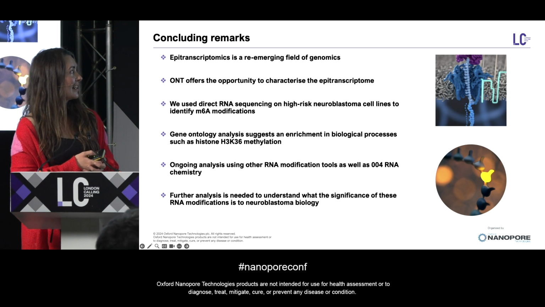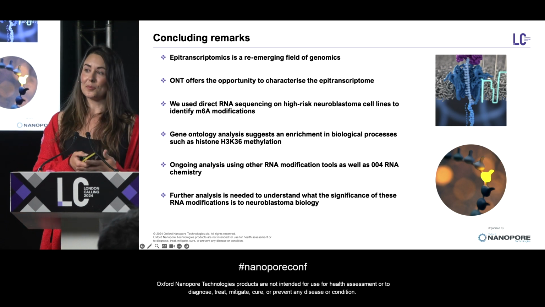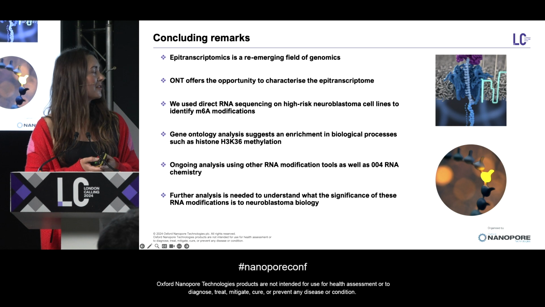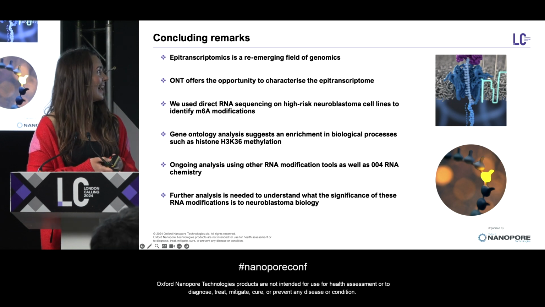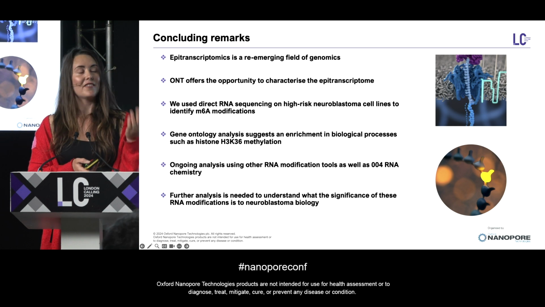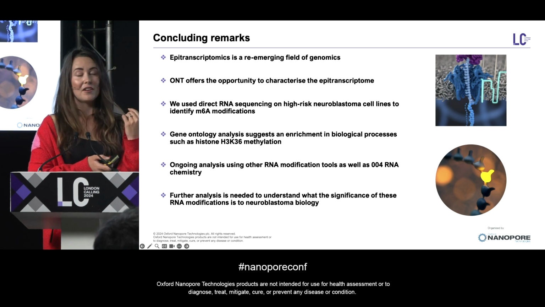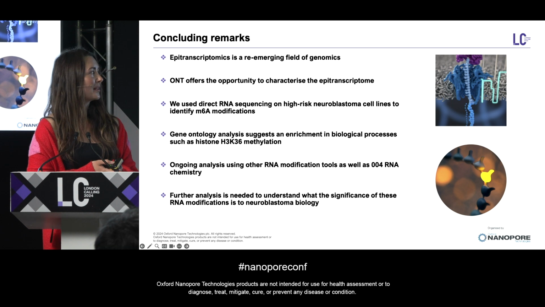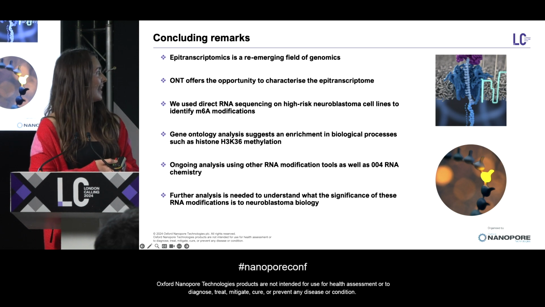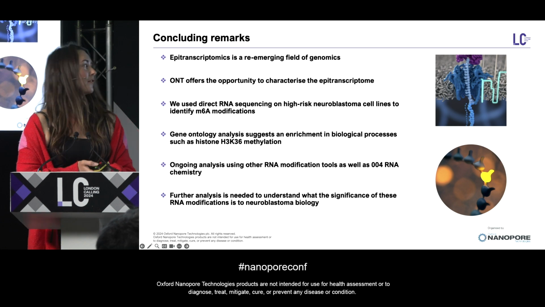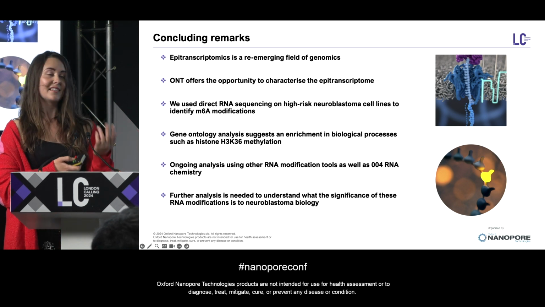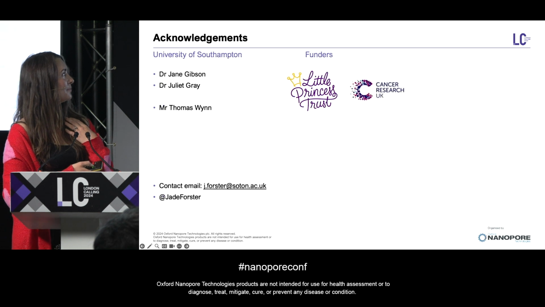A gene ontology analysis suggests that there's an enrichment in biological processes, such as histone H3K36 methylation. We're doing further analysis using other RNA modification tools, as well as the 004 chemistry. But further analysis is needed to understand what the significance of these RNA modifications is to neuroblastoma biology.